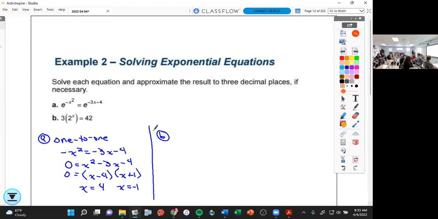Kind of hard to tell right now, isn't it? If you're trying to solve for x, what would be a good logical first step to solve this problem? Divide by 3. Divide both sides by 3, right? So if I divide both sides by 3, 2 to the x power equals 14.